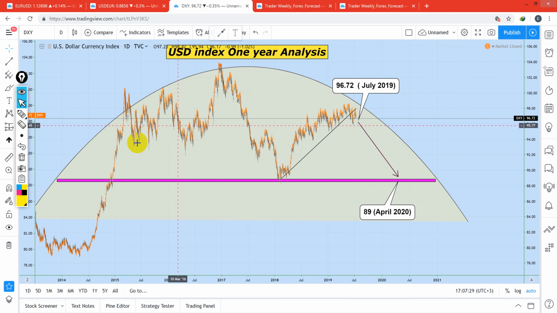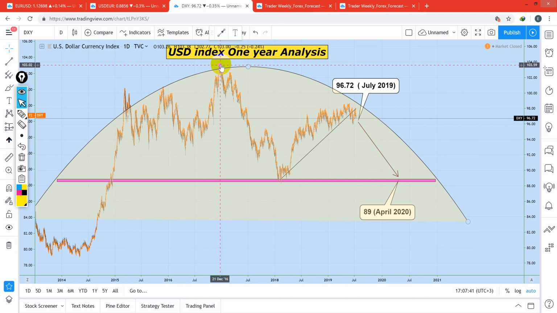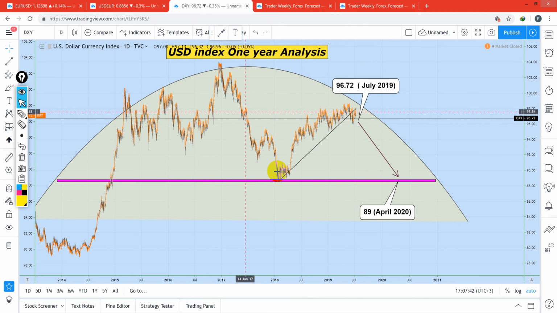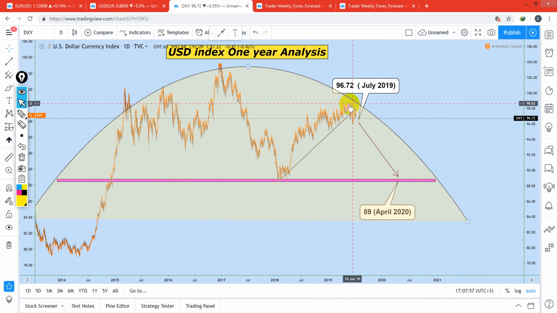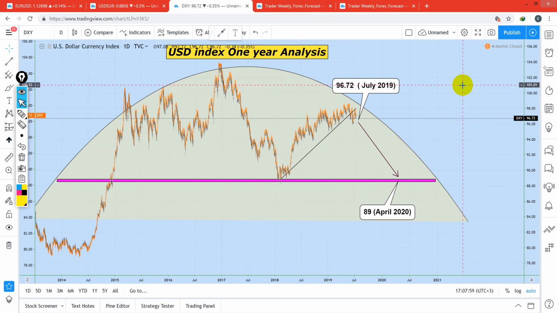This is the dollar index from 2014. This is November 6, 2014. It did rise up, it did come down ranging in this area, it did go up to the top here, 103, then it did come down all the way in 2018 to the 90 level, then from March 2018 it started rising again to 97, and from 97 I said only sell the dollar, never buy the dollar now, only sell.